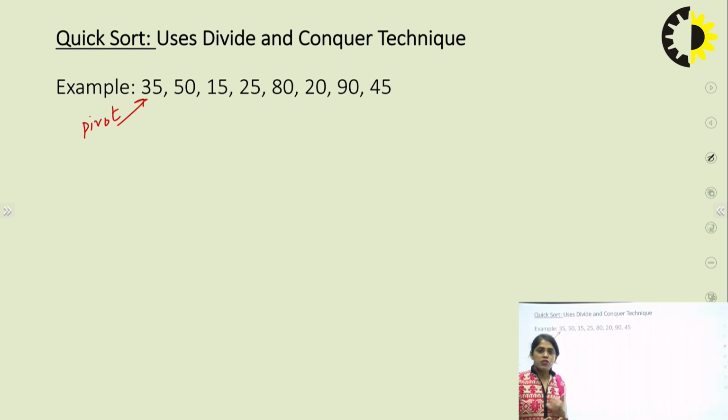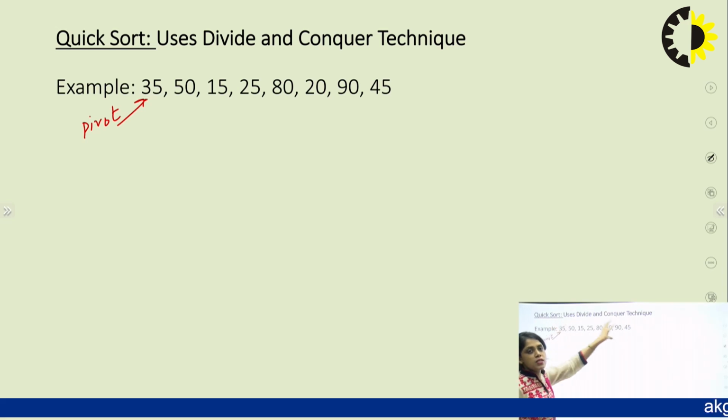There are different methods to solve this technique. We may take a particular element as pivot, either on the leftmost side, on the rightmost side, or somewhere in between. We are going to discuss it with the very first element of this unsorted list, which is 35.